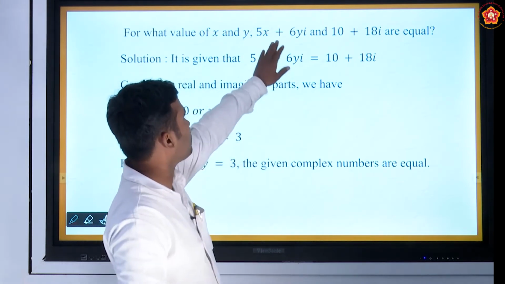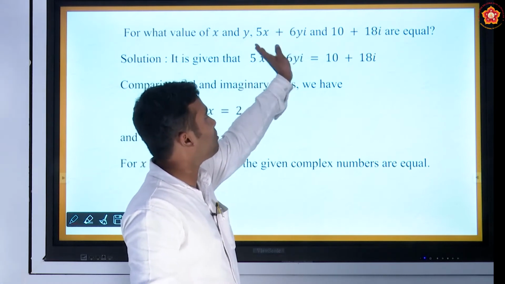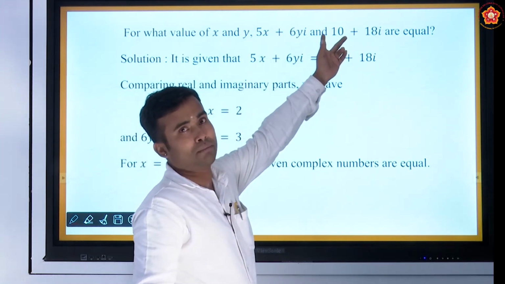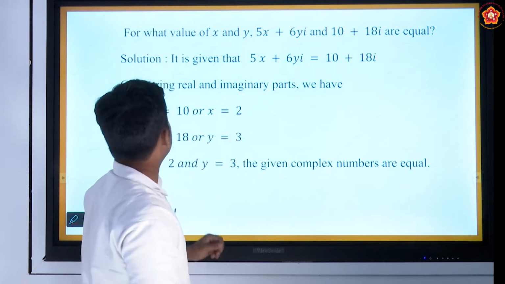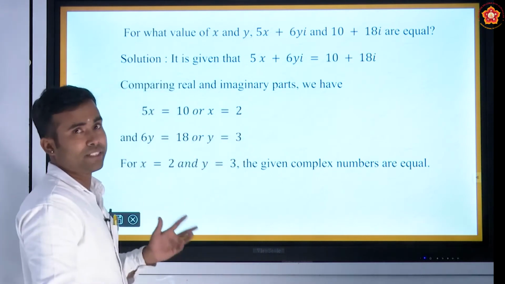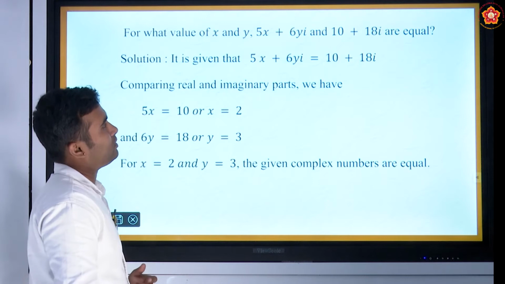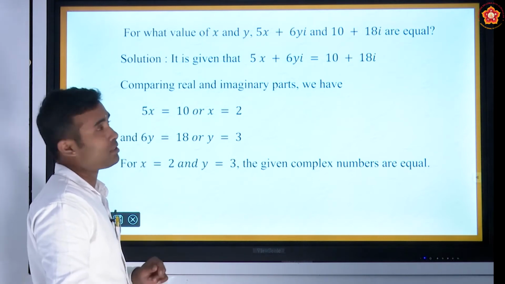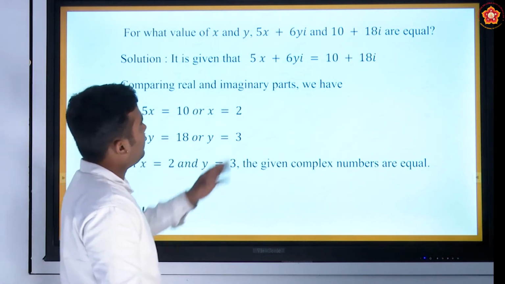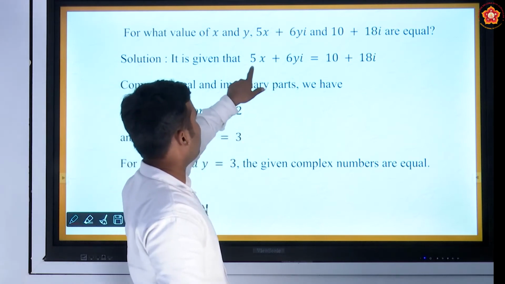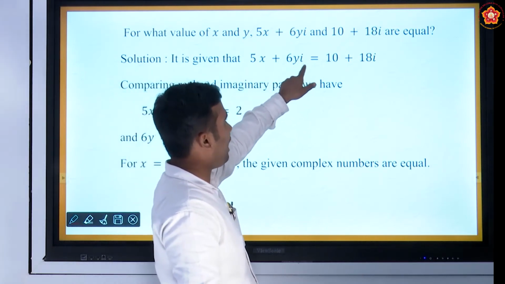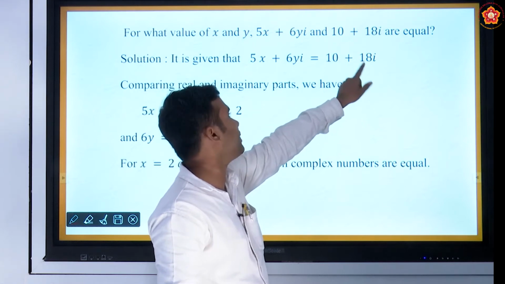The example is: for what values of x and y are these two complex numbers equal? We should have some values for x as well as y, so that these two complex numbers will be equal. So, we equate 5x plus 6y i to 10 plus 18i.